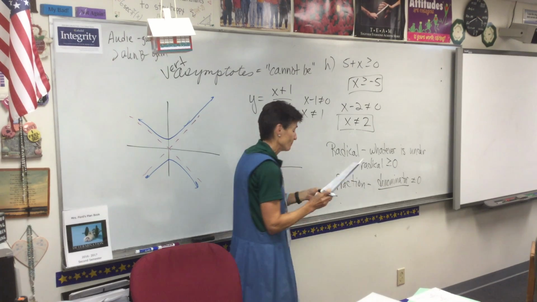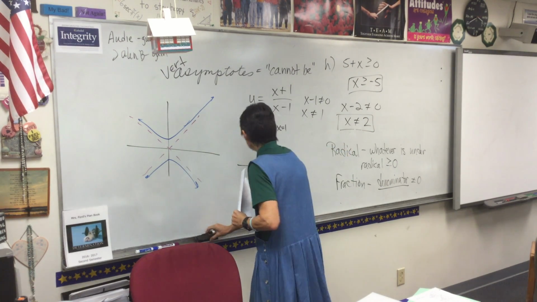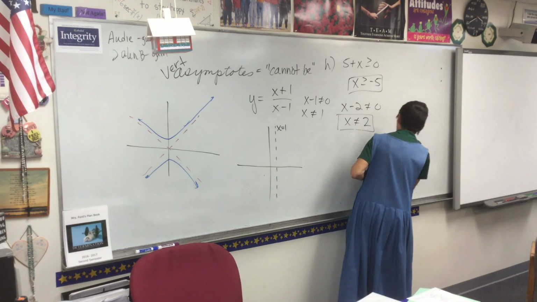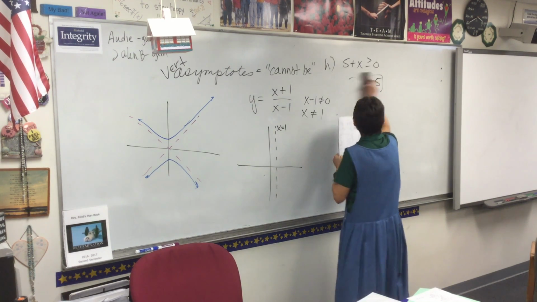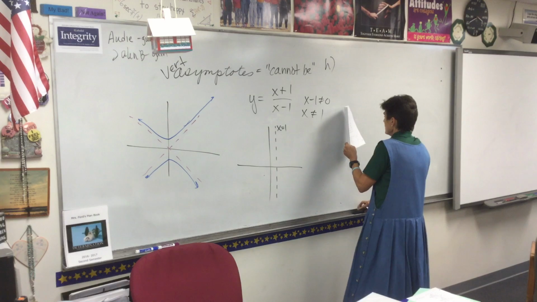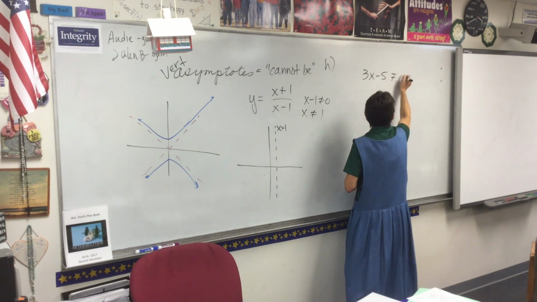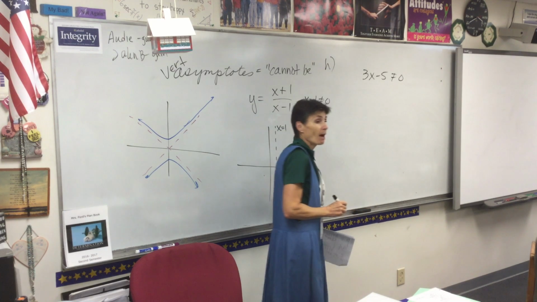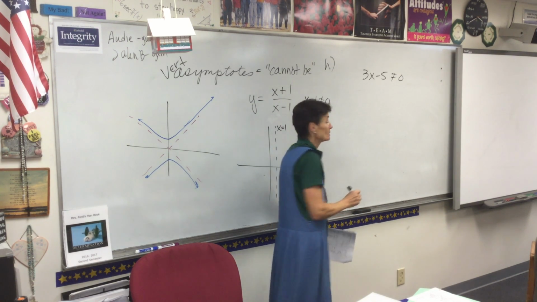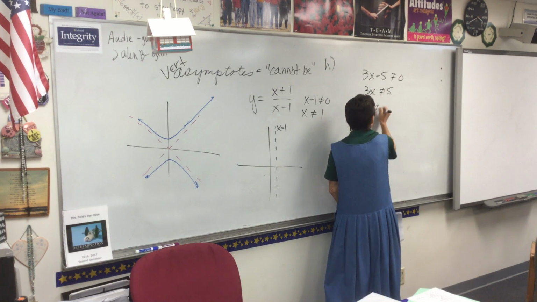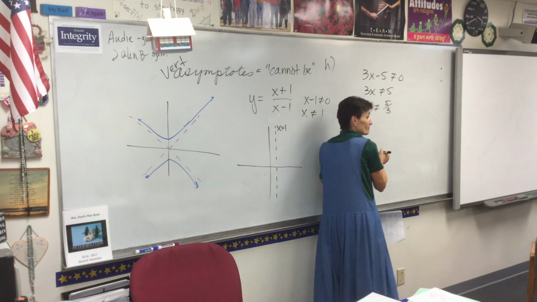What about the next one? Where's the asymptote in B? What'd you say? You're right, 5/3. Exactly right. Because we have a denominator of 3x minus 5, and that cannot be 0. So 3x cannot be 5, and x cannot be 5/3.